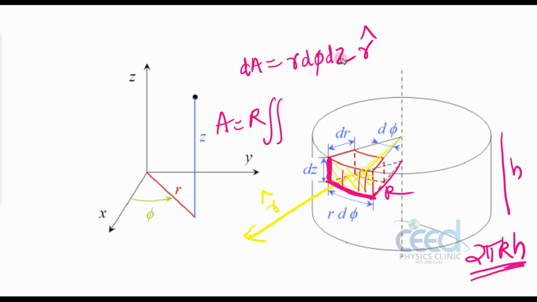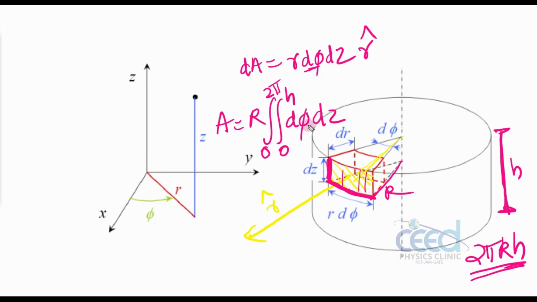For a height h, z varies from 0 to h, and phi varies from 0 to 2 pi, with d phi dz.